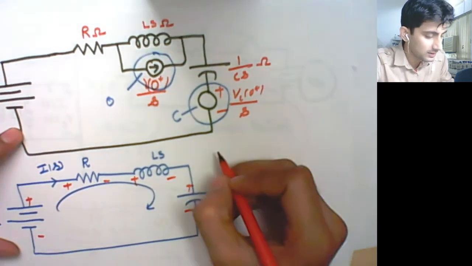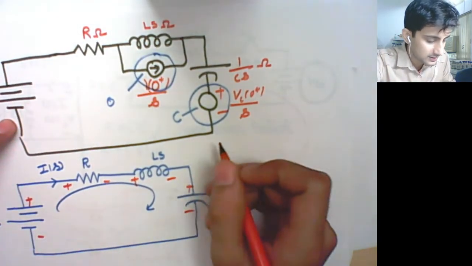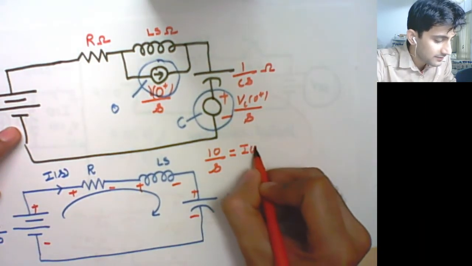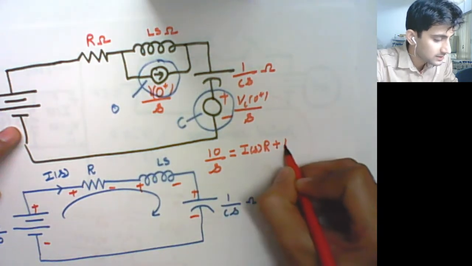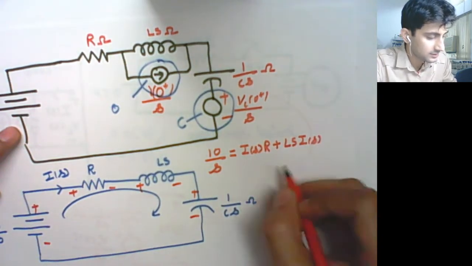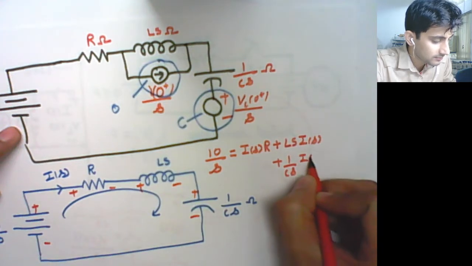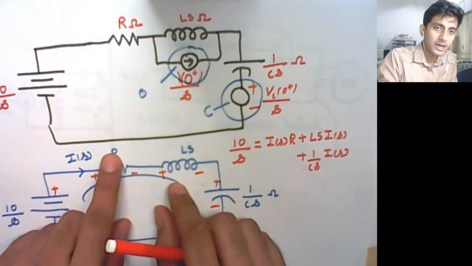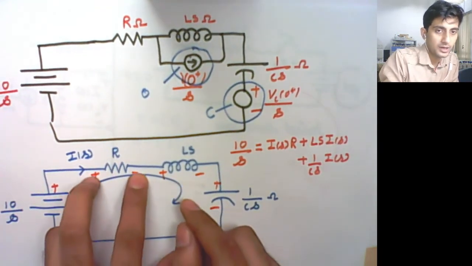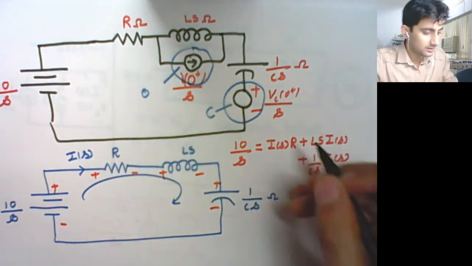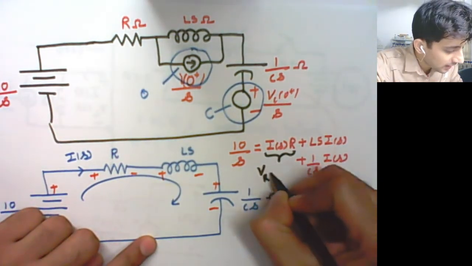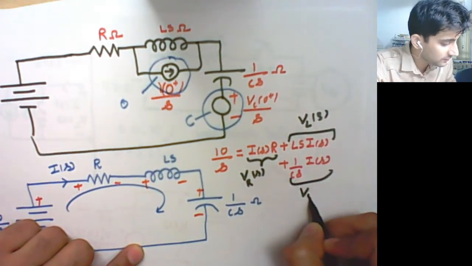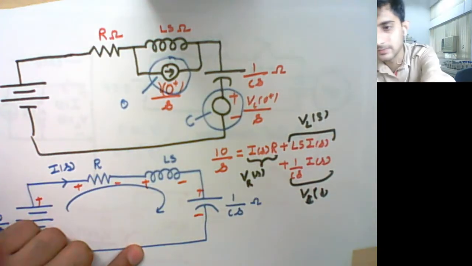We can simply write that 10 by S has to be equal to I of S into R, plus LS I of S, plus 1 upon CS I of S. It is just like multiplying I with the impedance to get the voltage across it. So all of these are nothing but, this one is VR in terms of S, this one is VL in terms of S, and this one is VC in terms of S.